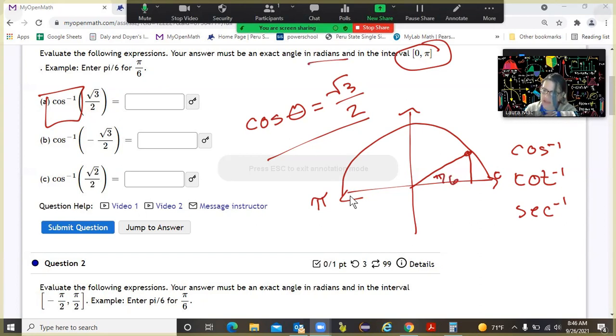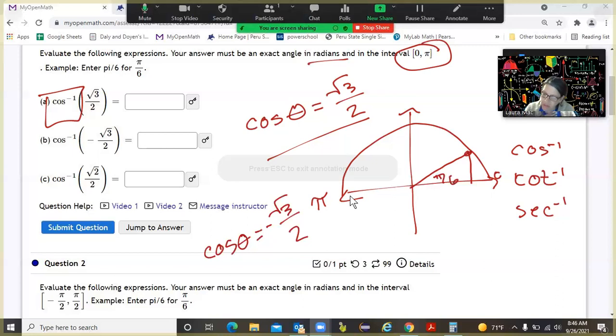Let's keep looking at these others while we've got the picture up here. So the second one says negative root 3 over 2. So again, it's asking what angle between 0 and pi has a cosine of negative root 3 over 2. So remember, cosine is our x value or horizontal value.